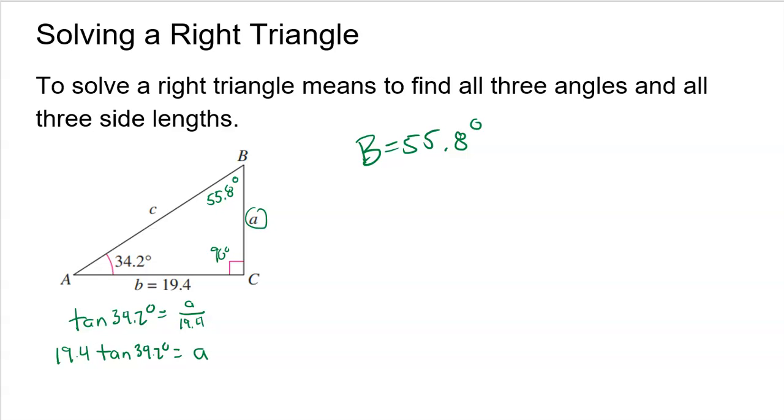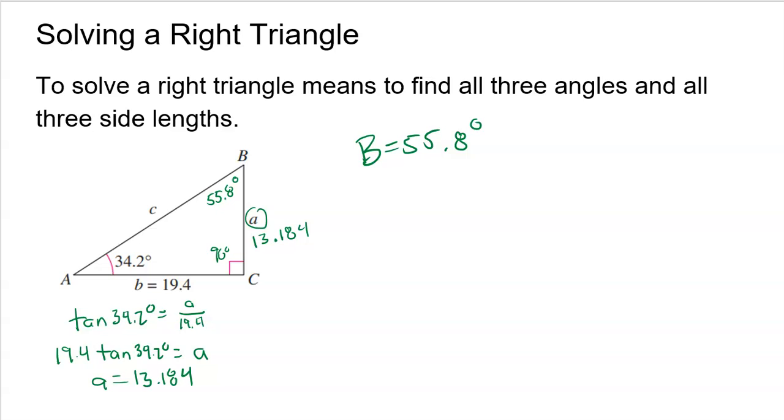So 19.4 times tangent of 34.2 degrees is 13.184. So A is 13.184. Easy. Really easy.